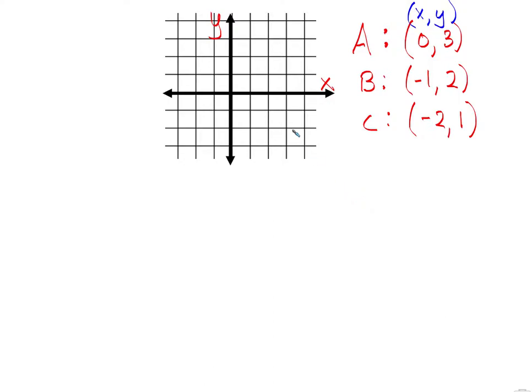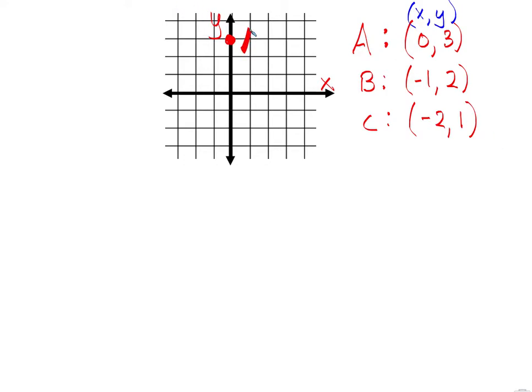All right, A. I'm going to go through this now. For A, I go 0 on the x-axis, so I don't move left and right. 0 movement on the x-axis, and 3 movement on the y-axis. 3 is a positive 3, so I go up 1, 2, 3. And here is my point for A. Maybe I should just switch to a darker or thicker pen so we can see what's going on.